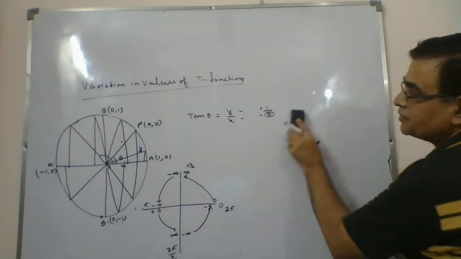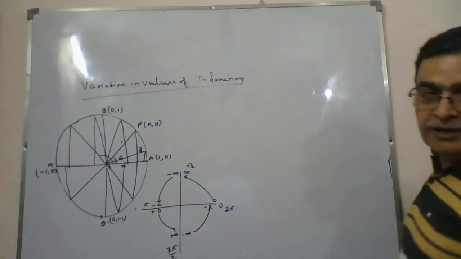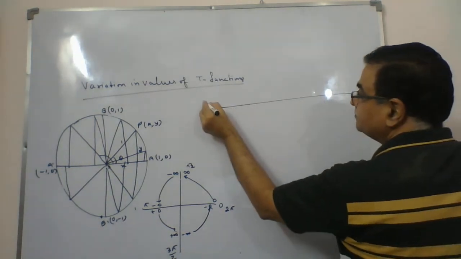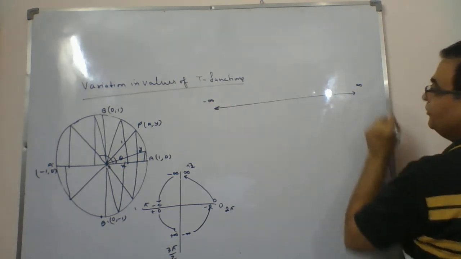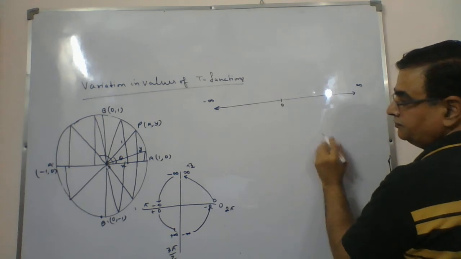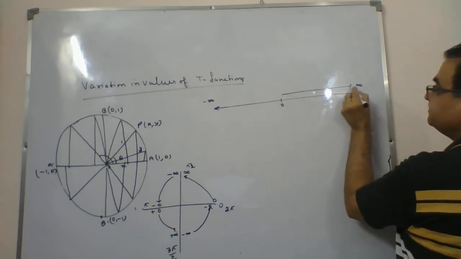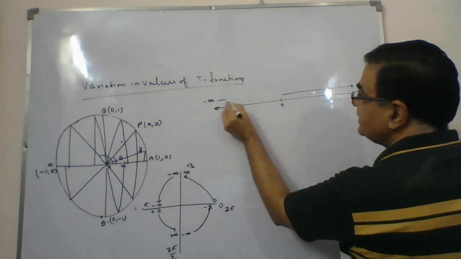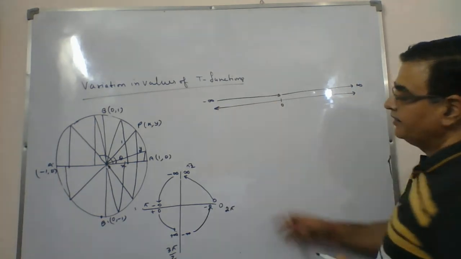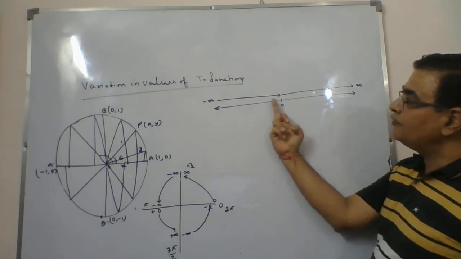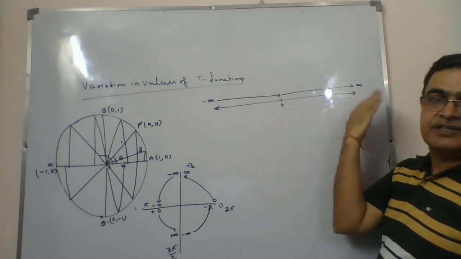So now if you just check the variation of tan theta, how it goes. Minus infinity here, infinity here. It will start from 0 and go to infinity. Then minus infinity it starts and it goes to 0. Just check here: minus infinity to minus 0. Minus 0 indicates that it is going towards 0 from the negative side.